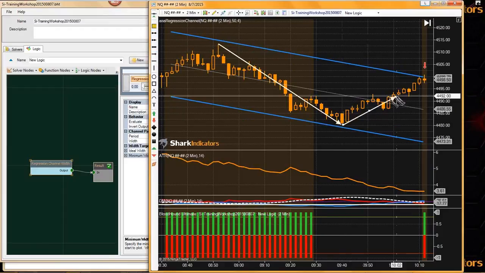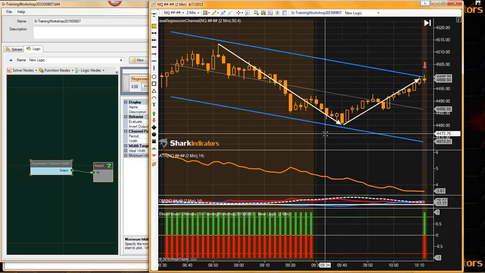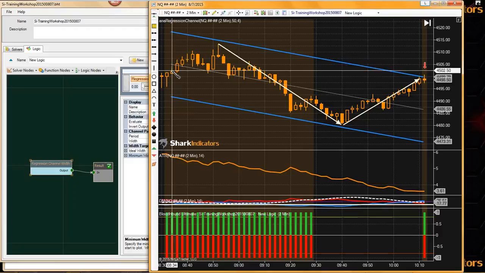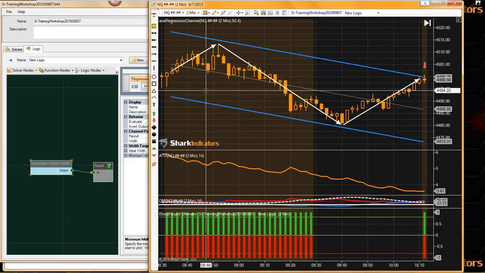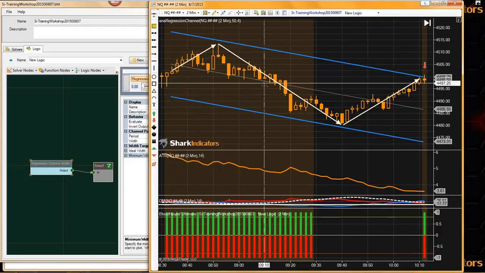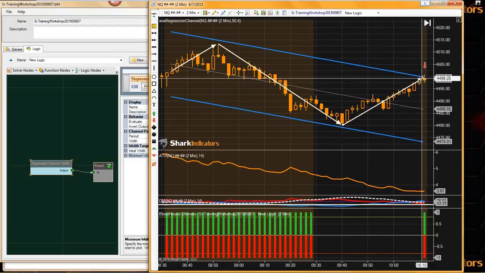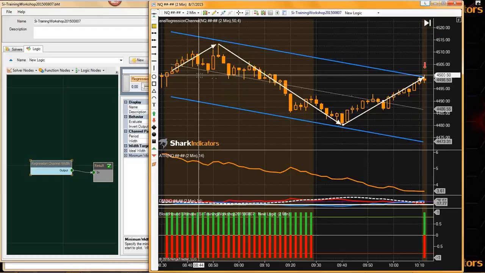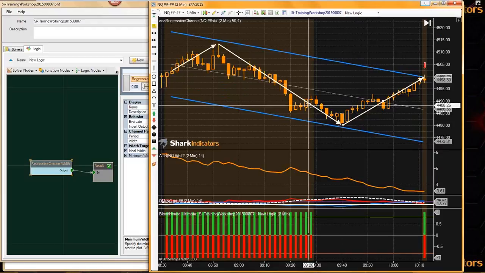So it's measuring the swing points that are inside the channel, like so. These are the various swing points that are being measured in this channel at this particular point in time.